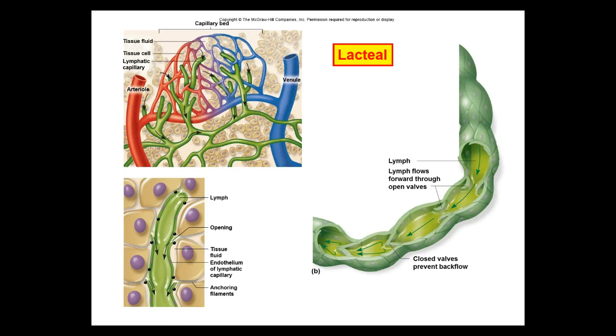And as I said, when we consume fatty foods, the fats are broken down and actually absorbed across the wall of the small intestine, and they will then go into these specialized lymphatic capillaries called lacteals. Okay, so the fat that we consume will go into lacteals, and I just wanted to introduce that term now. In lab you will see more clearly what the lacteal is, but that's just a brief introduction.